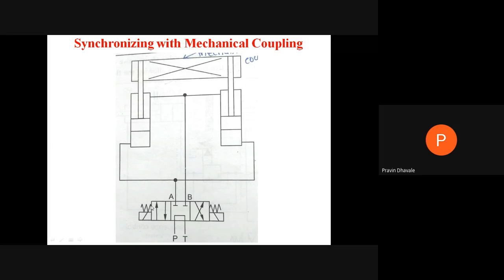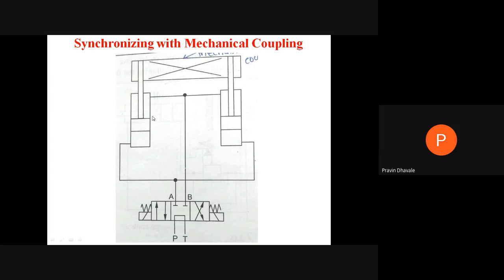Spring return, right? Spring return. 4 port, which are those? P, T, A, B. 4 port. And how many positions? 3 positions, because it consists of 3 squares: 1, 2, and 3. So this is the 4x3 solenoid operated direction controller.